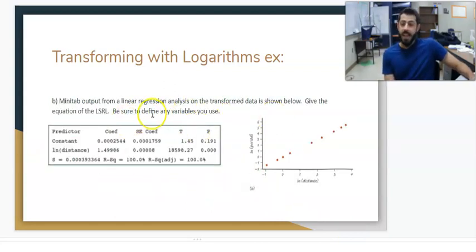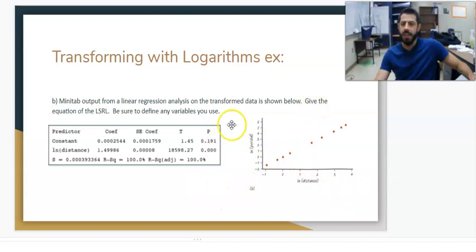So for the Minitab output, the computer output, we've seen this before, but we haven't really seen it with nonlinear models, but it's the same thing. You'll be given a computer output. We are told specifically that it is the natural log of y versus the natural log of x, so it's really important to keep that straight.